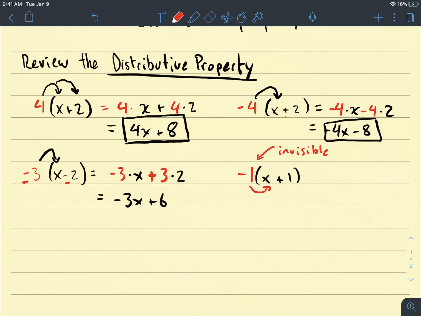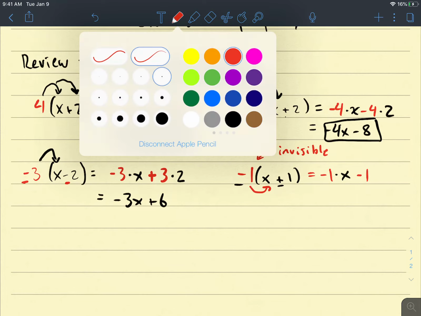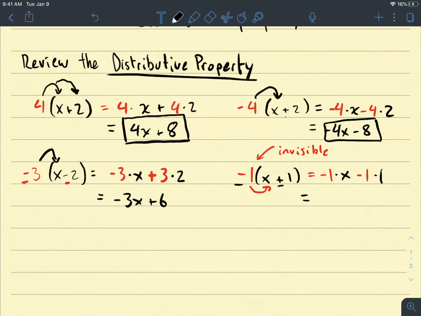So you're going to distribute negative 1 times x, and remember, it's negative times positive, so that's going to give us negative 1, and then times 1. That's going to give us negative x minus 1.